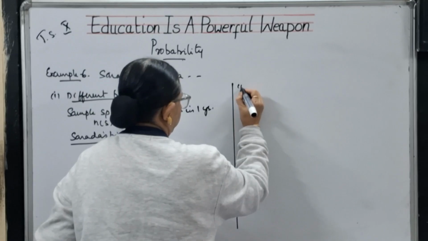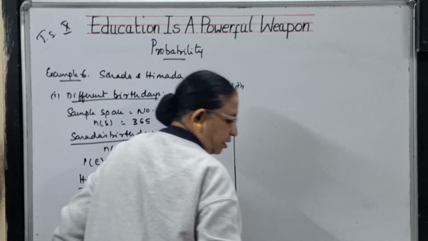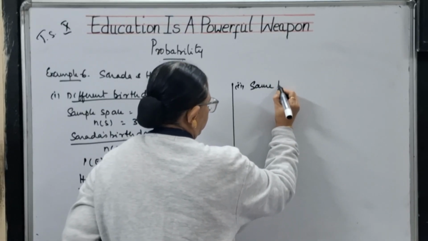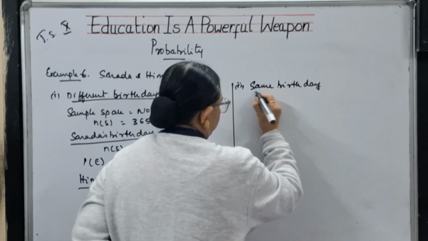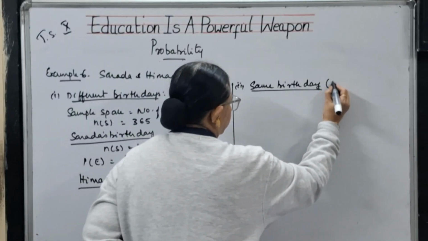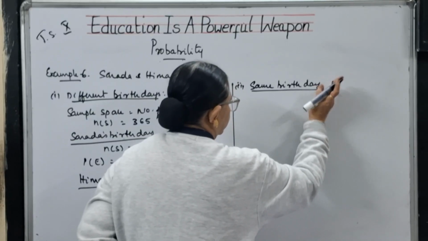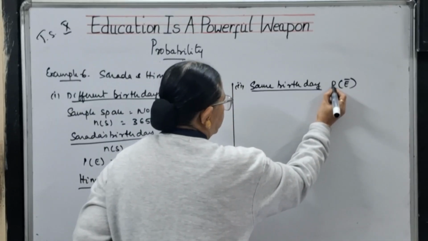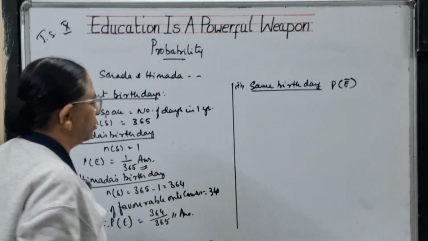The second bit is they have the same birthday. So same birthday means actually it can be considered as P of E dash, because different birthdays we have already got.